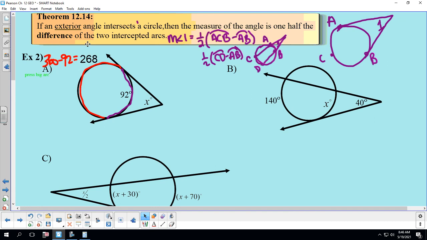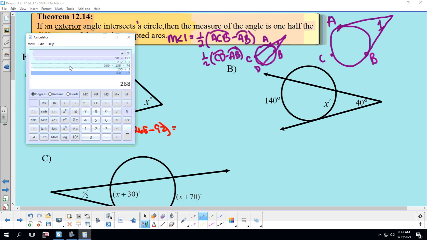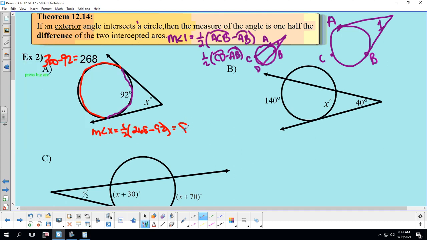Okay, so then the formula is 1/2. So the measure of angle x is 1/2 of 268 minus 92, which is 88. Woo!